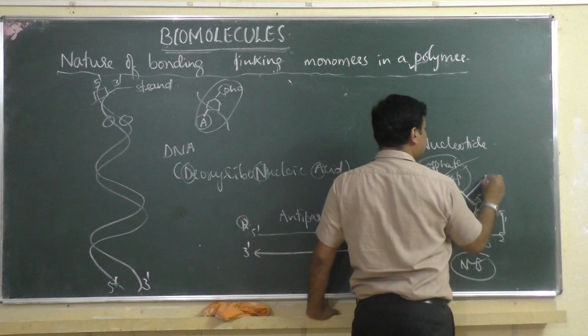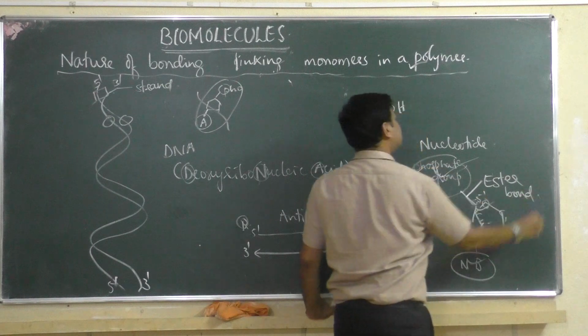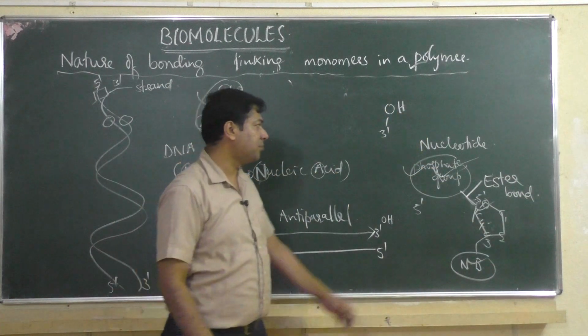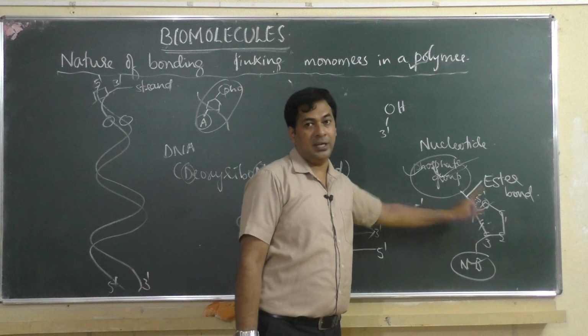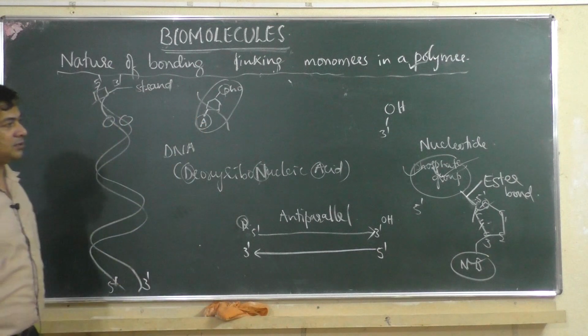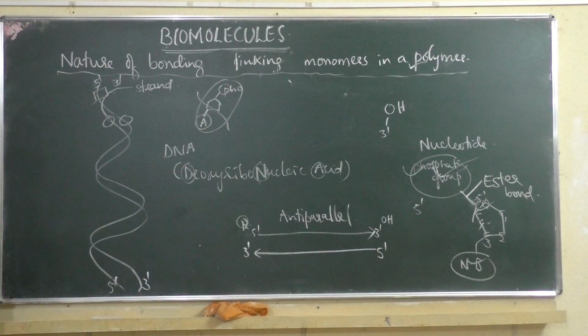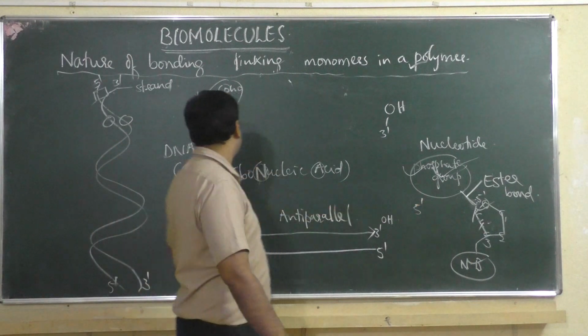It is called ester bond. The bond formed between phosphate and pentose sugar in a DNA where the nucleotide is there is called ester bond. Okay, ester bond. And this is about one strand, one thread-like structure.